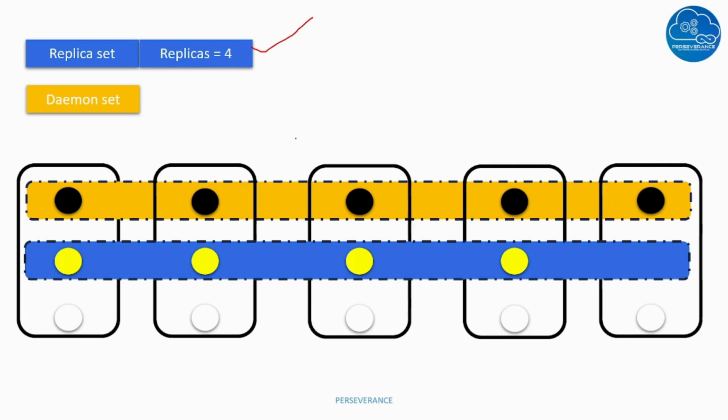In simple terms, replica sets ensure the number of replicas at any given point of time and do not care on which worker node the replicas are running. A daemon set ensures every worker node is deployed with the given application pod. So pod per node is the formula of a daemon set.